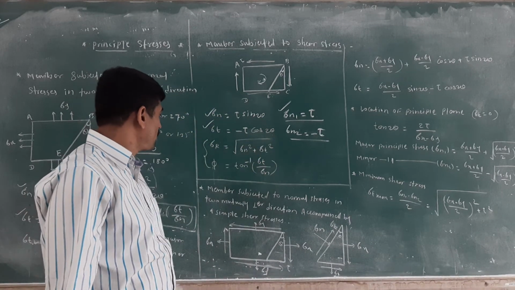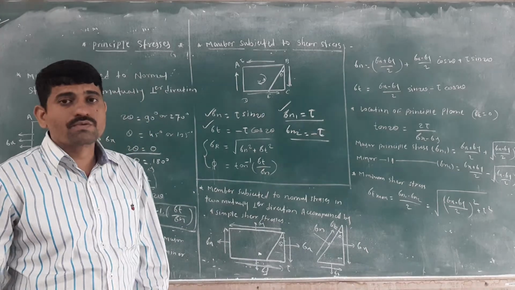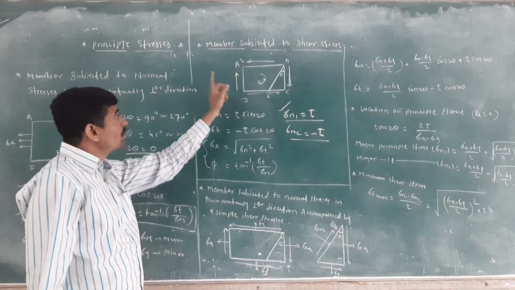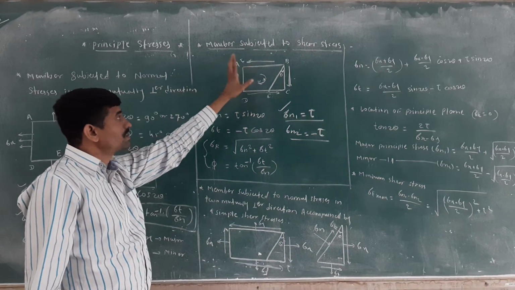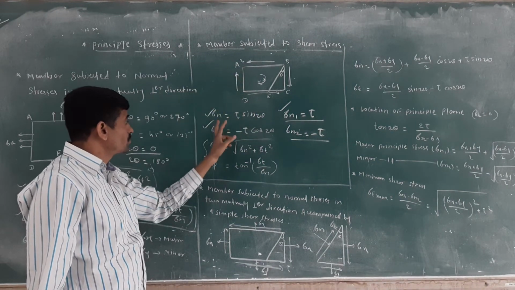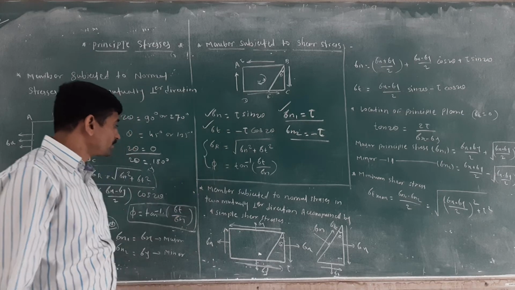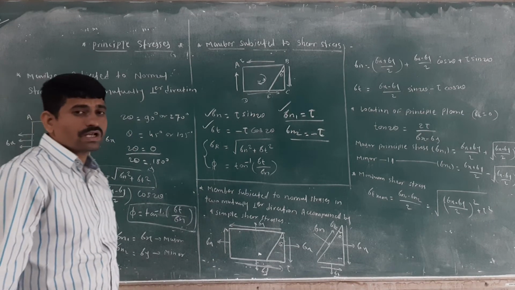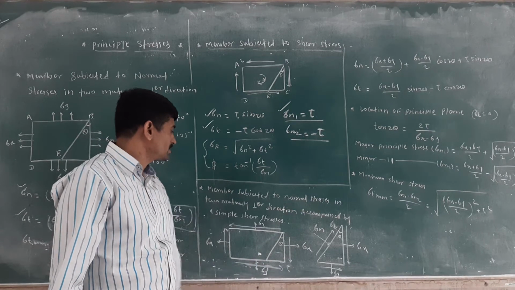These two values you have to remember for this condition. If you are given a numerical on this condition, a member subjected to only shear stress, then you should remember these two formulae. The next, last, is a member subjected to normal and shear stress.